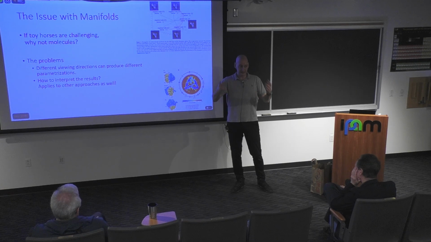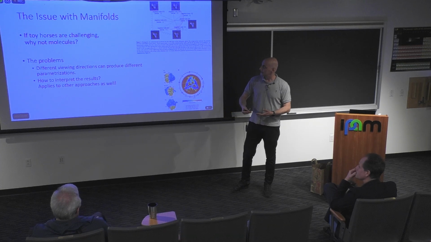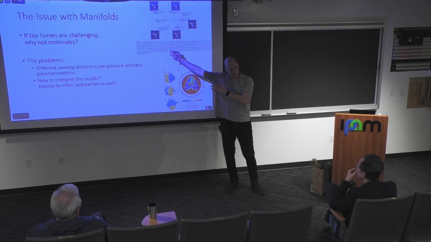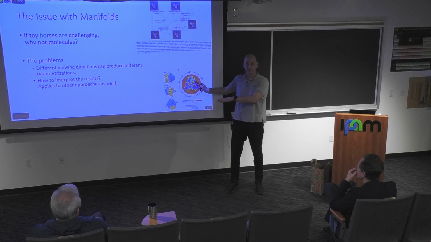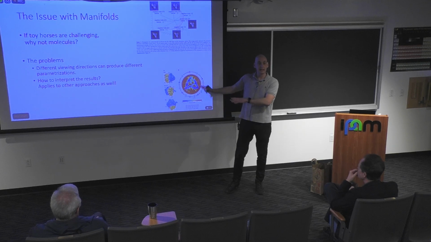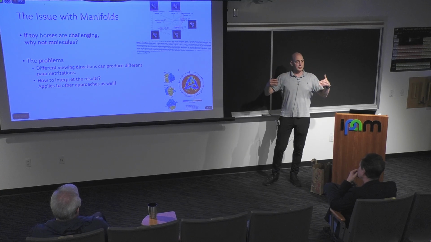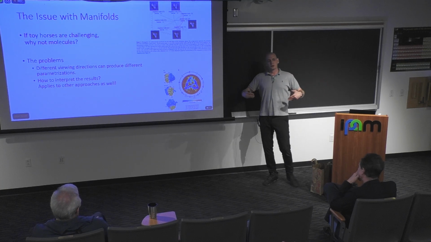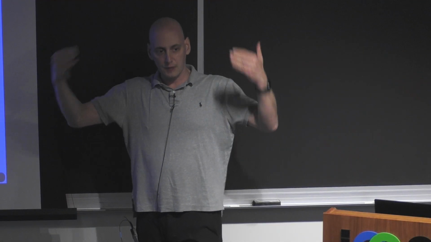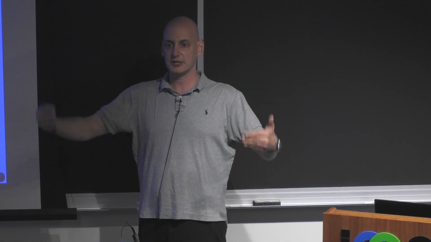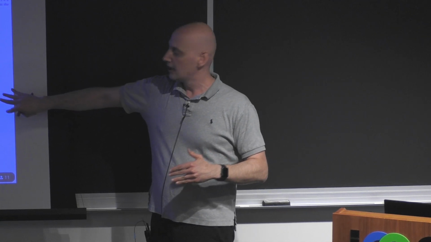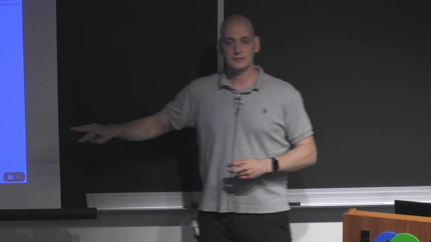How does that affect the metric? I don't know. If a horse is a problem in this case, we might run into problems here as well. An expert might look at these and be able to interpret what's going on, but the more complicated these models are, the more complicated the heterogeneity is, this might become more and more of a problem: how to interpret these maps that we get from basically all these methods that we're going to talk about, okay? Any questions about this?